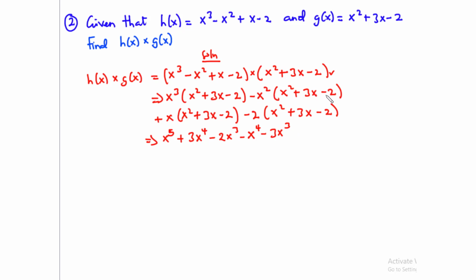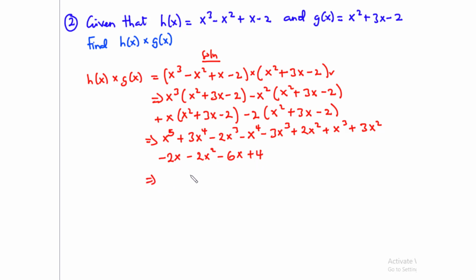Negative x squared times negative 2 is positive 2x squared. Now x times x squared is x cubed. x times 3x is 3x squared. x times negative 2 is negative 2x. Negative 2 times x squared is negative 2x squared. Negative 2 times 3x is negative 6x. And then negative 2 times negative 2 is 4.